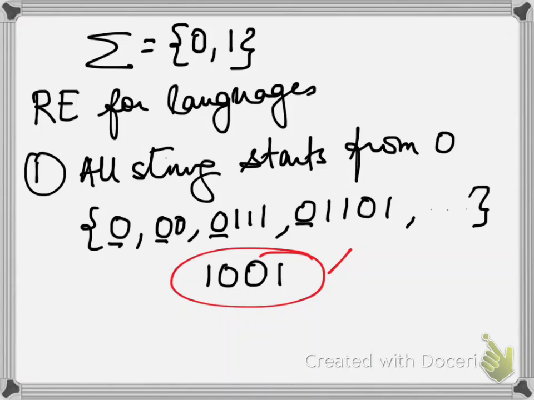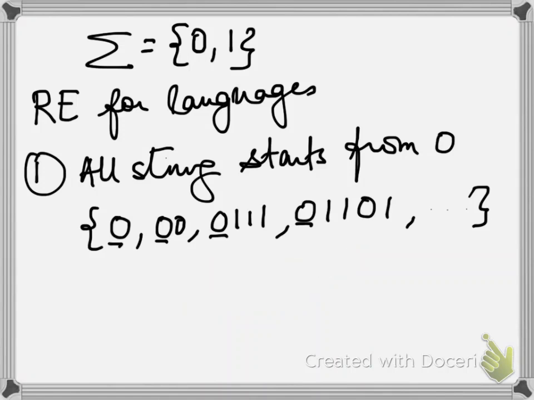So let us write the regular expression for it. The string must start with 0, so I will put a 0. 0 is the regular expression for 0. Then this is to be followed by anything, 0 or 1.